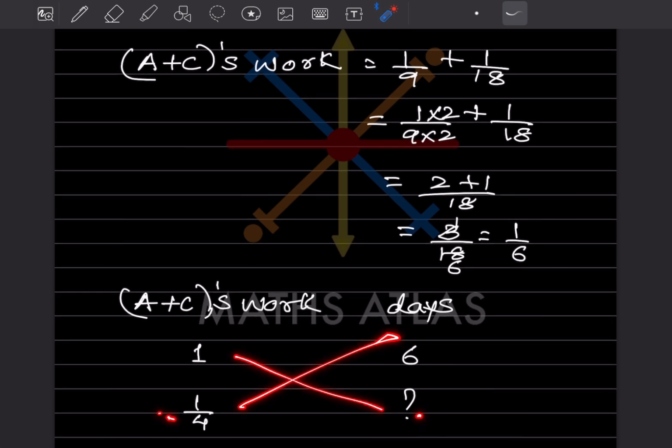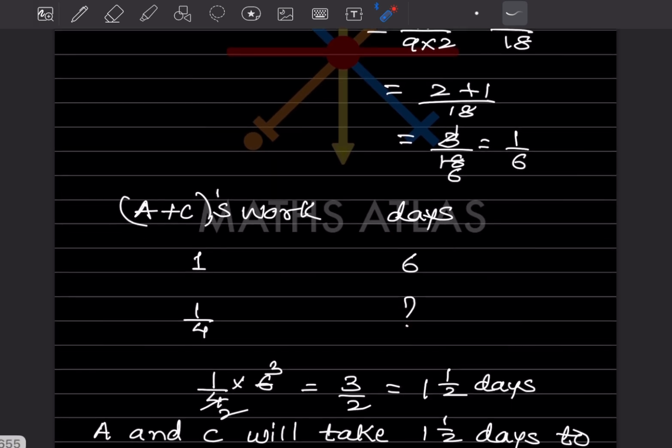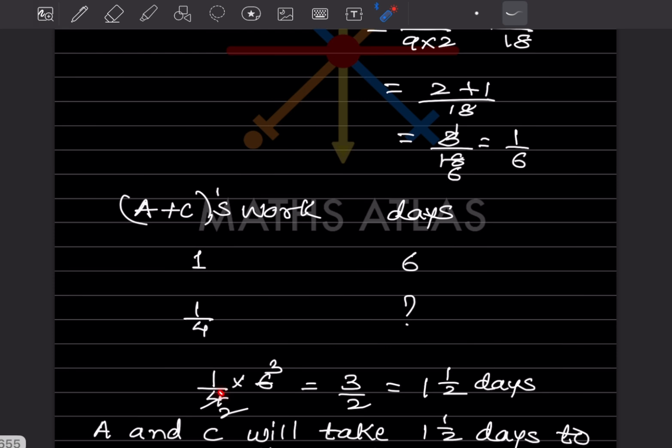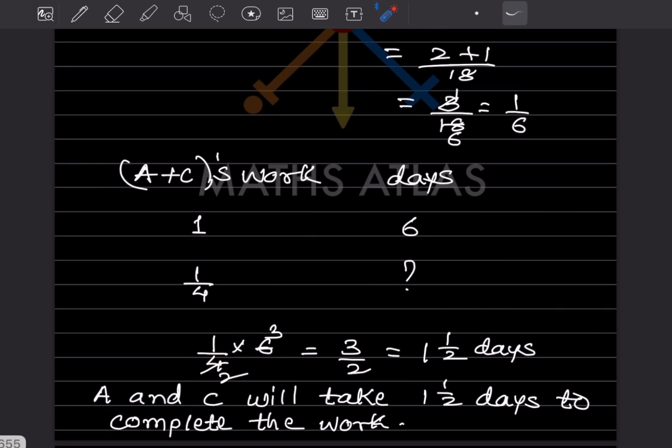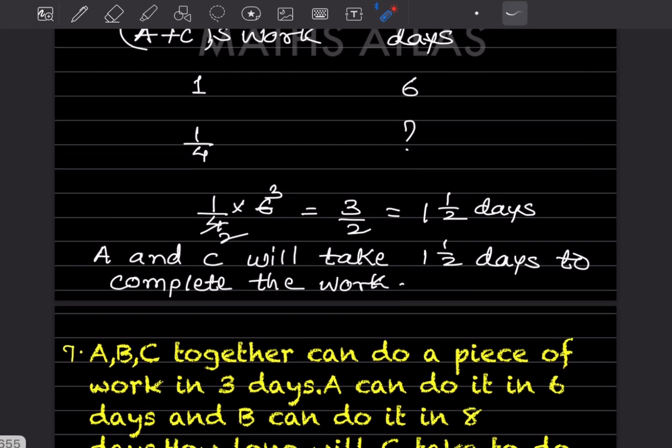We will cross multiply over here. So this is going to be 1 by 4 into 6 divided by 1, that will be 3 by 2. 3 by 2 means 3 divided by 2. So 2 ones are 2, so this will be 1, that will be 1 and 1 by 2 days. So we can say A and C will take 1.5 days to complete the work.